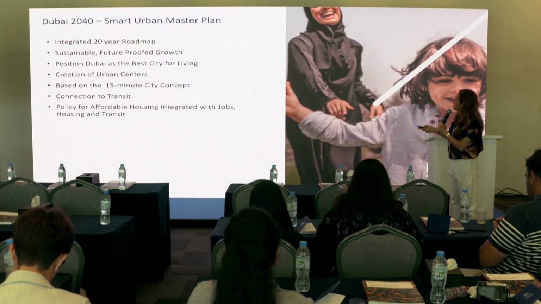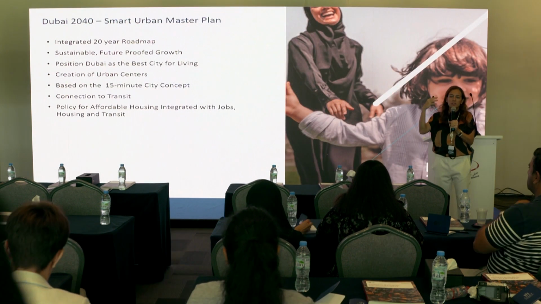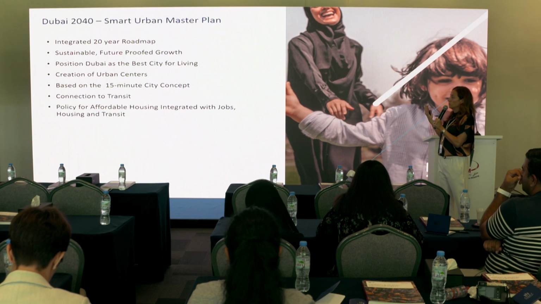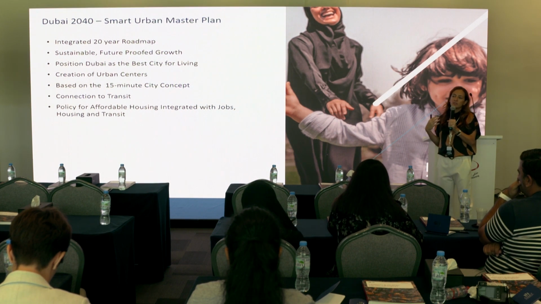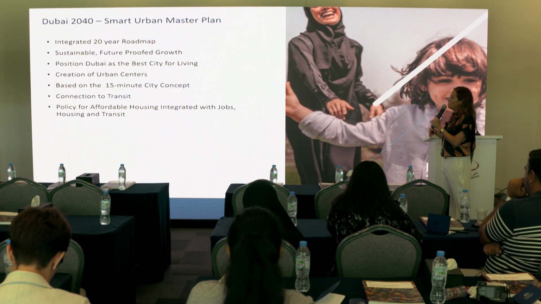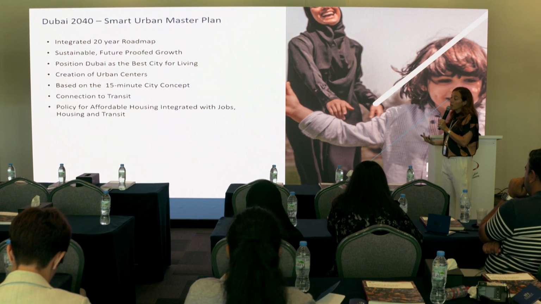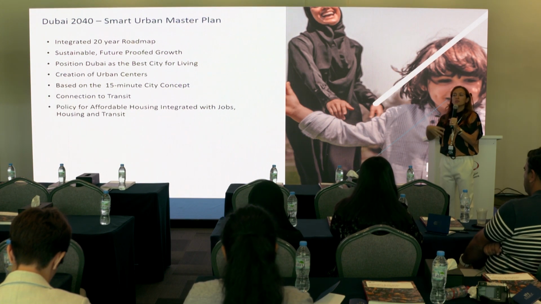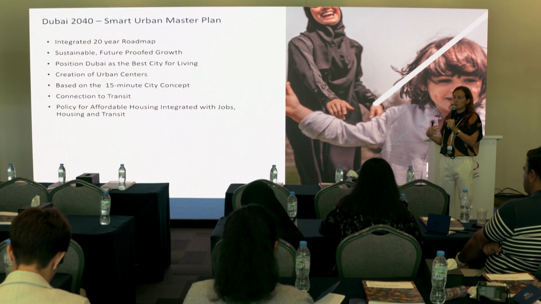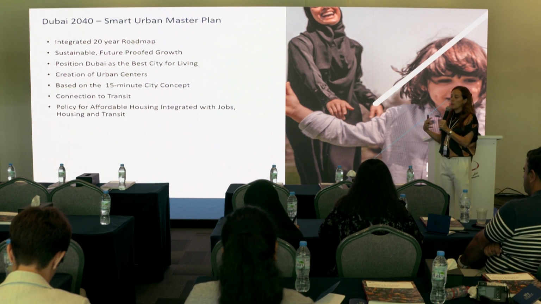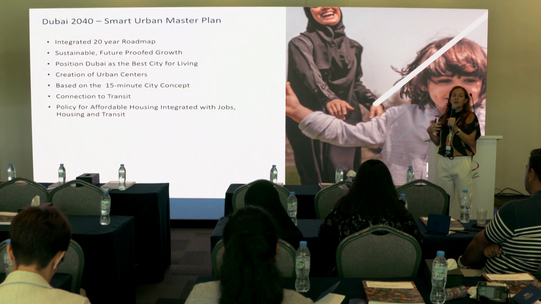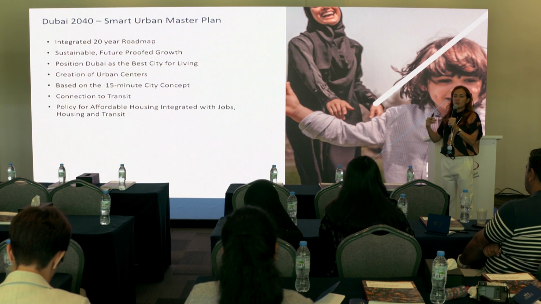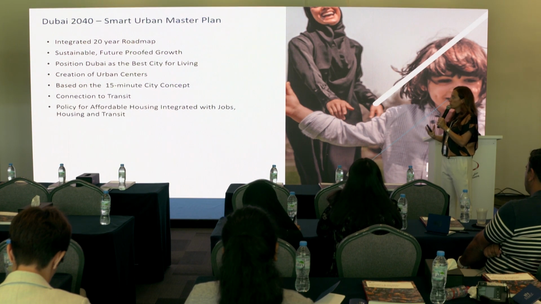All right. So if we started on the international level, if we drill down to the UAE and Dubai in particular, and what they're doing in their 20-year roadmap, they're looking at all of these things. How can we prepare ourselves for the future growth, to be an inclusive city, not just from a people perspective, which I think they've done a great job in, but even from making the city more accessible for residents to move around.